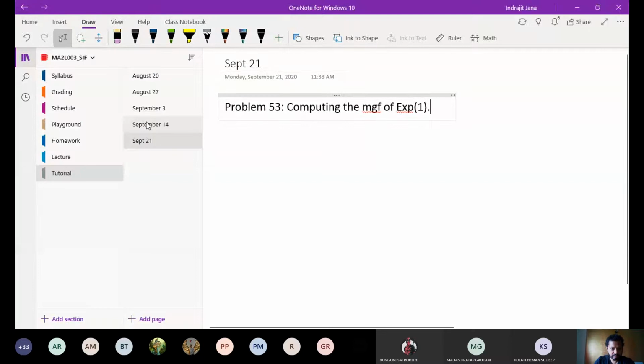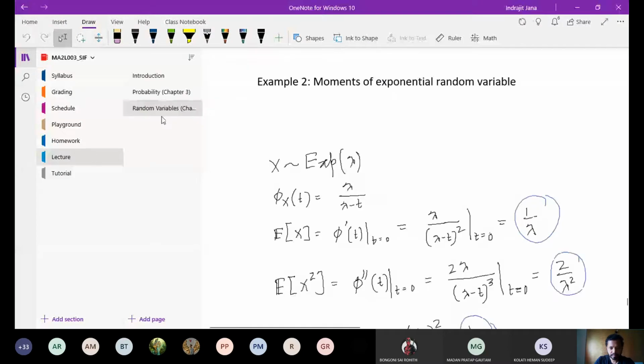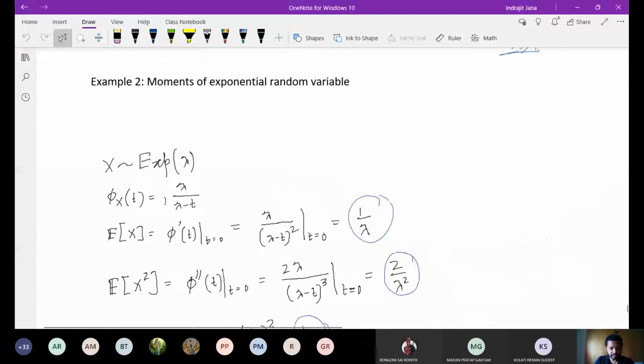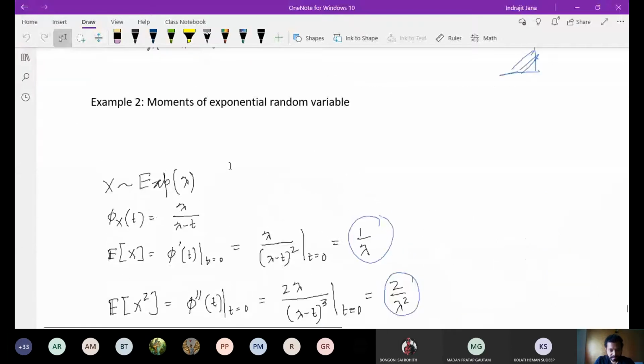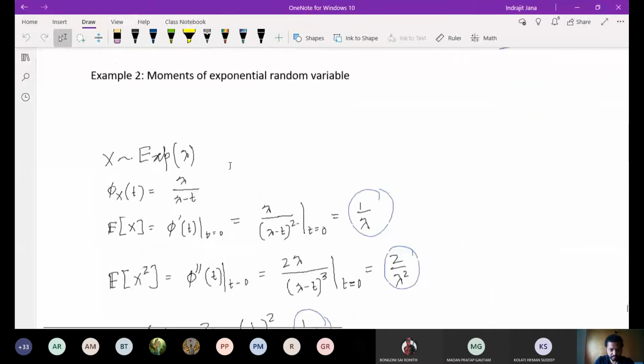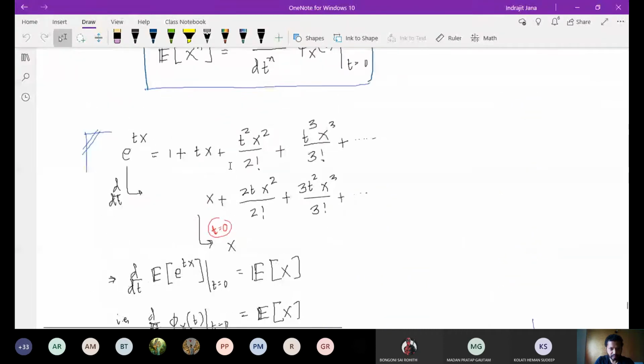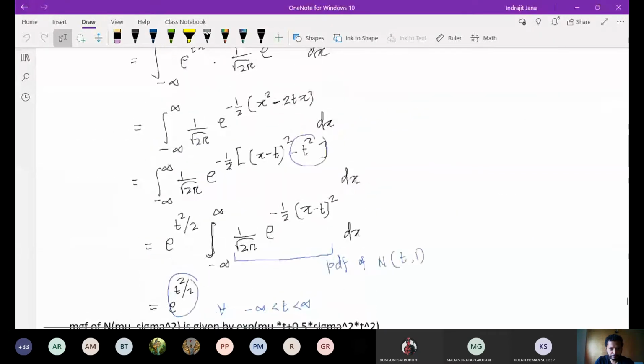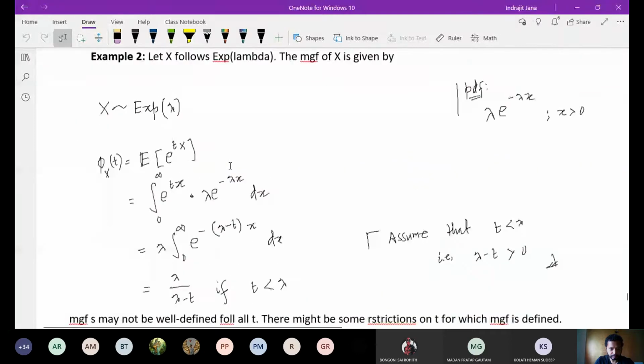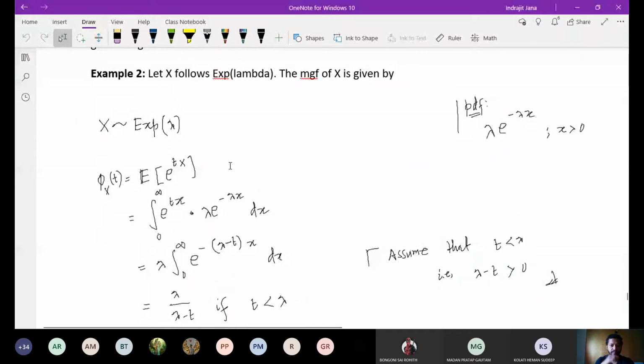So if I go to the lecture, okay, here it is. There I did a computation of the moment generating function of an exponential random variable, which is this one, example 2.